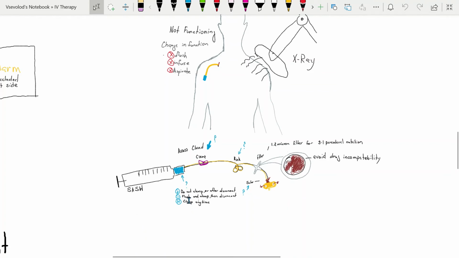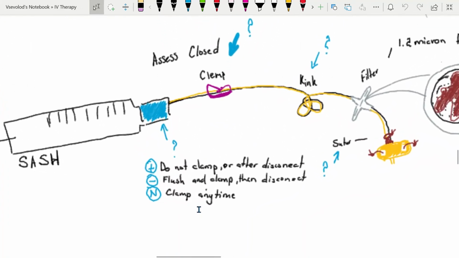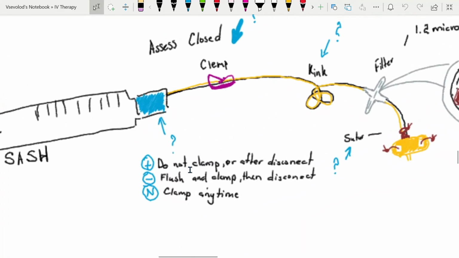Flush the catheter with saline before and after medication administration. Know the type of needleless connectors on the end of the central vascular access device. When it's a positive pressure needleless connector, do not clamp the central vascular access device until after the syringe is disconnected.